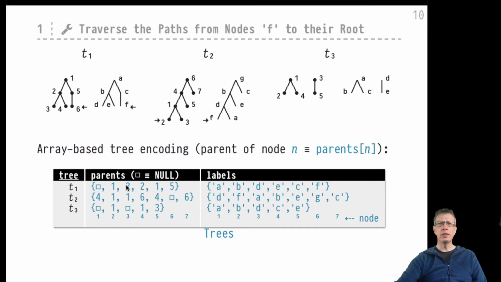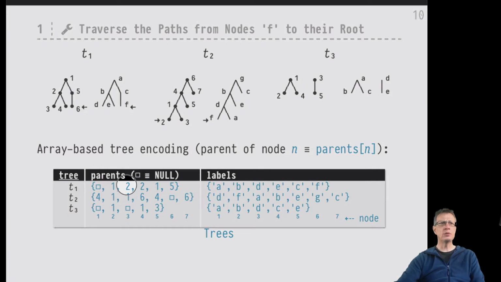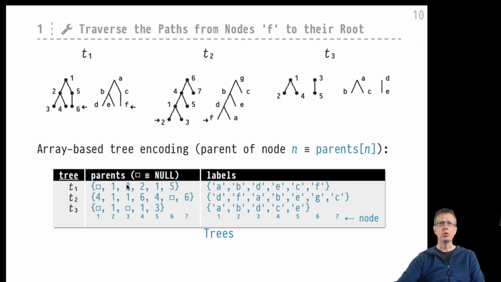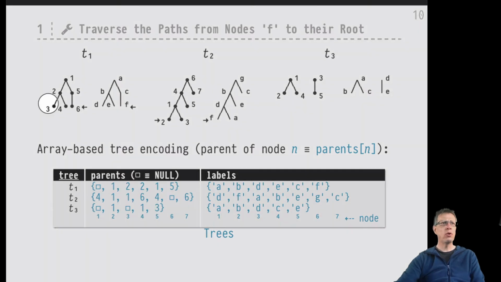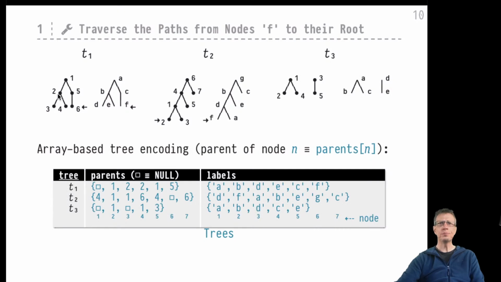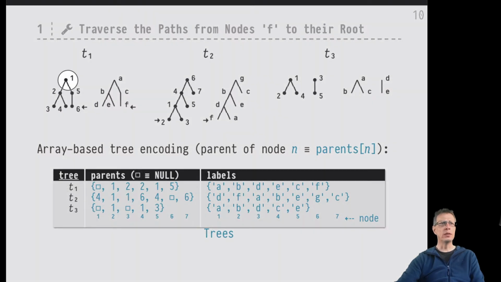The parent array indicates that the parent of node 3 in tree T1 is 2. So let's check. The parent of 3 in tree T1 is 2. Okay, that's perfect. The parent of 1 in tree T1 is, well, there is none. 1 is the root node. And we can see that there's indeed a null value recorded as the parent of node 1.